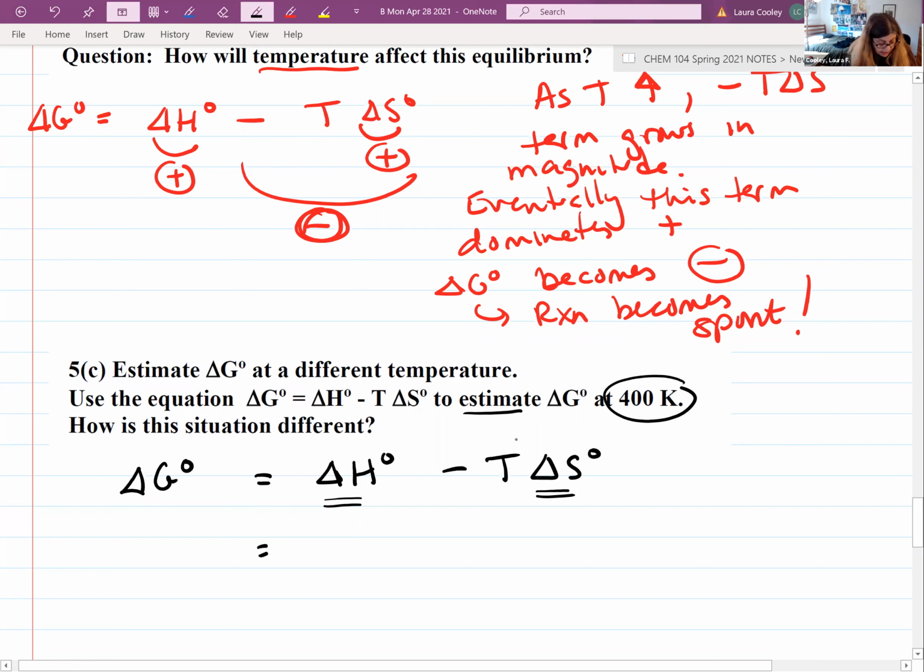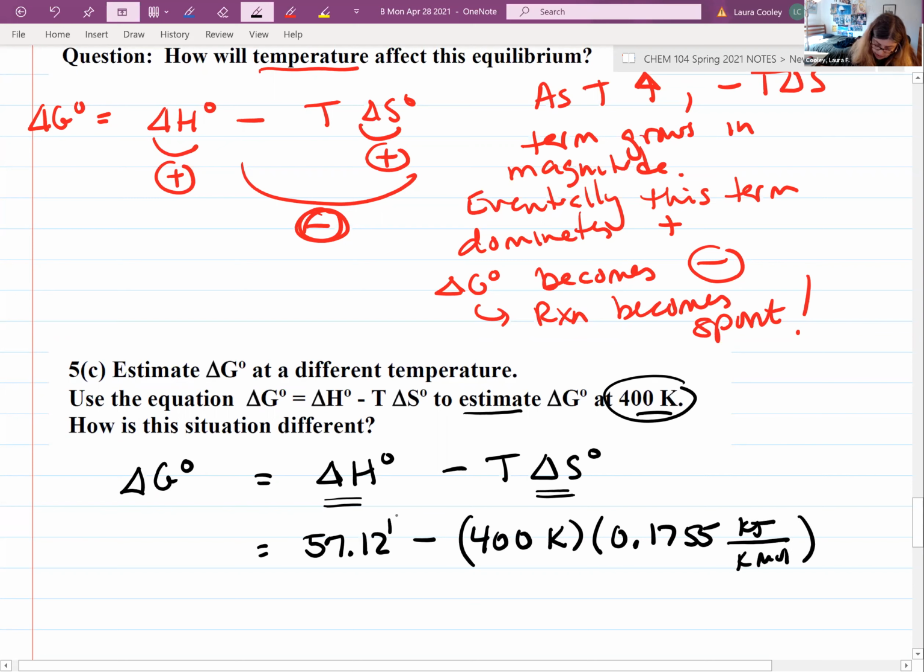That's why I call it an estimate. So this is 57.12 minus, so at 400 Kelvin, instead of putting a 298 here, I'm putting a 400 multiplied by the same 0.1755 kilojoules per Kelvin mole. This is kilojoules per mole.